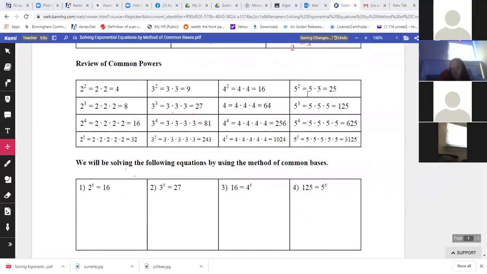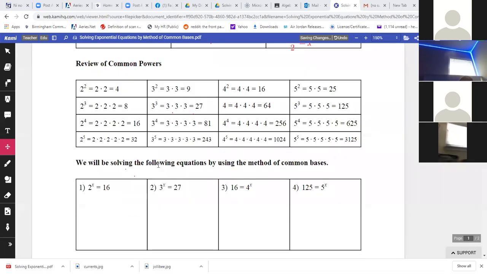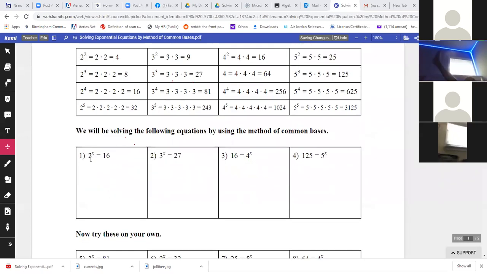And this is a table of powers that you've seen before on one of the previous assignments. It has the powers of 2, the powers of 3, powers of 4, and powers of 5. Okay. So now let's go into solving the following equations by using the method of common bases. Now, I know that you could probably see number 1 and know what the answer is because I just told it to you up here.